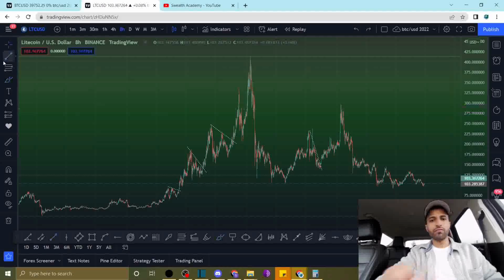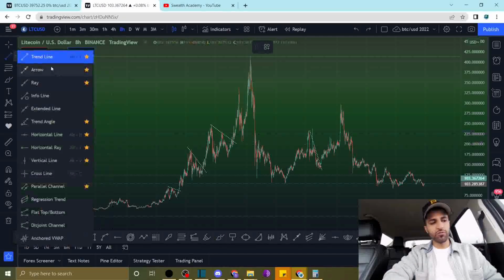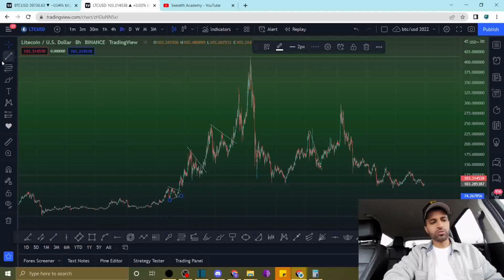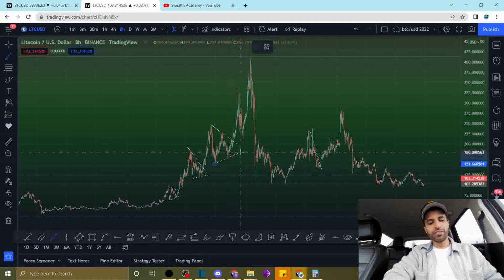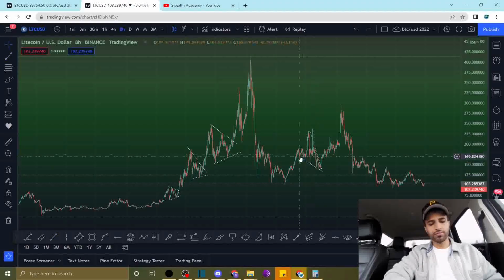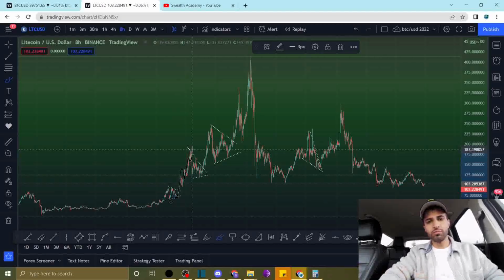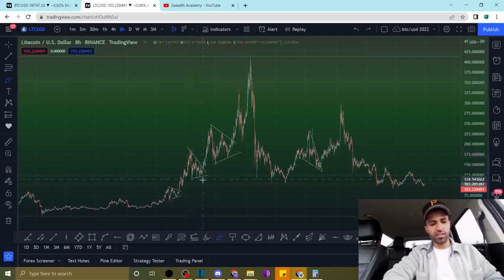Let's first find out what pattern is really forming, and that's your typical symmetrical triangle. You have your support, which in other words is your demand zone. This is where price action is always bouncing to the upside. Right here you have your first bounce, second bounce, and hallelujah, people celebrated, they made massive gains.